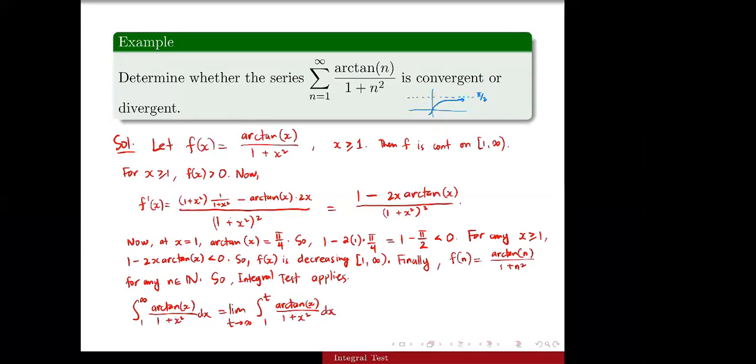And again, use substitution. You can just let u be equal to arctan of x. So u equals arctan of x, du equals dx over 1 plus x squared.